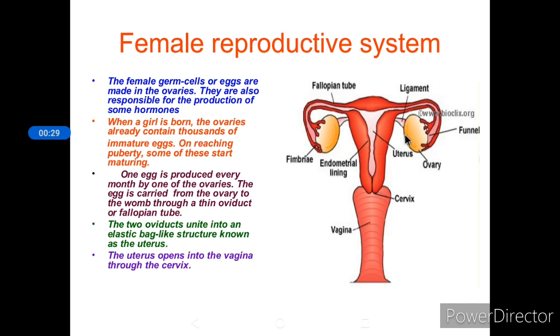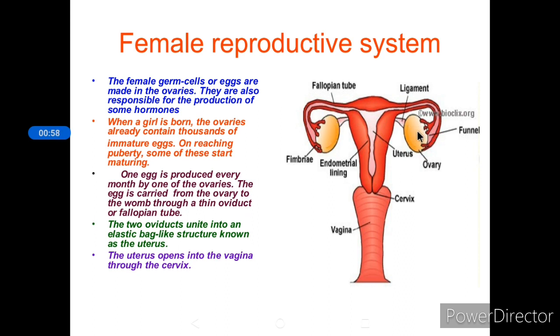When a girl is born, the ovaries already contain thousands of immature eggs. On reaching puberty, that means when they reach the adolescence age, some of these start maturing. One egg is produced every month by one of the ovaries, either this one or this one.